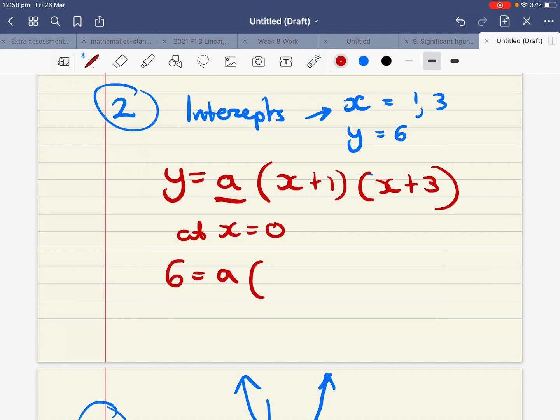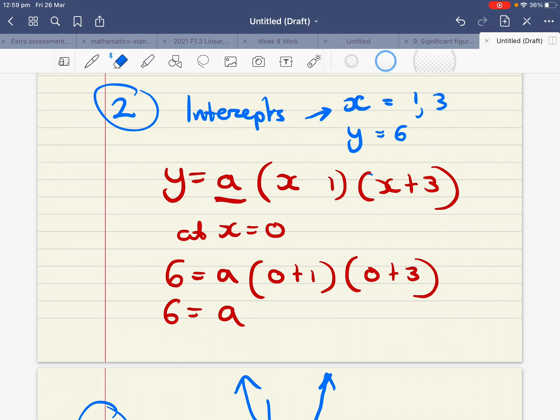So I'll leave my a there, and I've got (0 minus 1) and (0 minus 3). So 6 is equal to a times 3, so a is equal to 2.